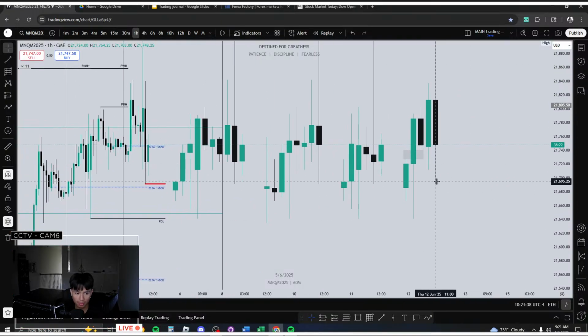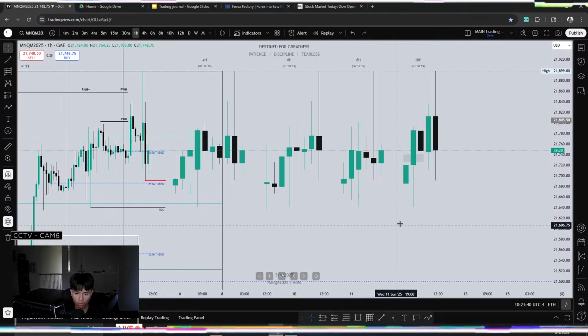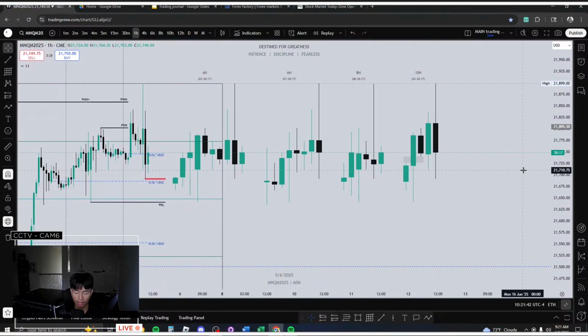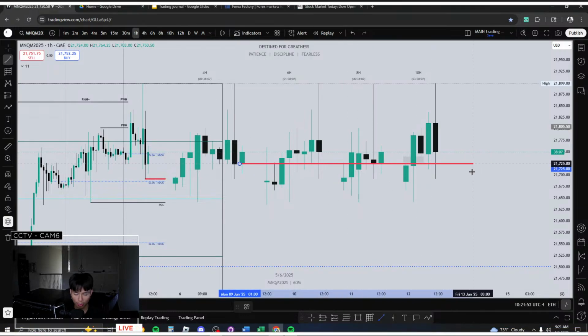The best sells, whenever you're in bearish order flow, is you want to be a seller above the open, which is the open of the 4-hour and the 8-hour candle, this red line. So anywhere above this red line where you're selling is and could be and would be considered premium, right?